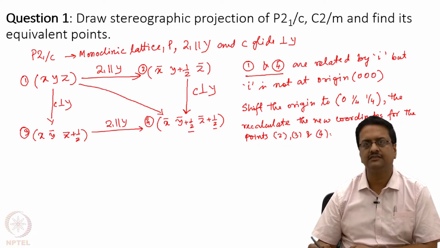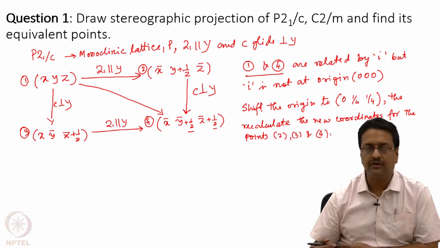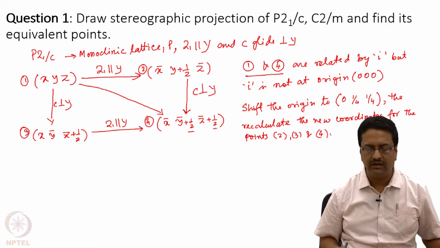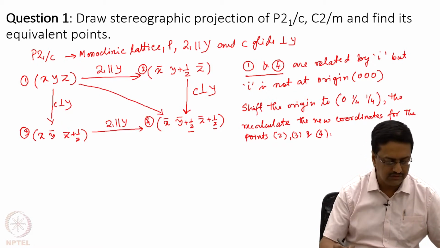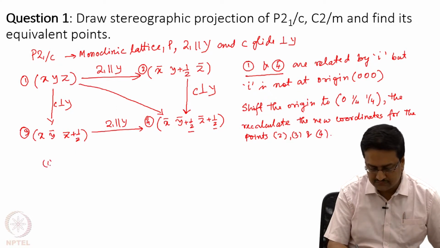How this translation transformation has to be done, I have shown in the class for the P2_1/m space group. So, you do it yourself in the same manner, and if you do it right, what you would get are points like this.